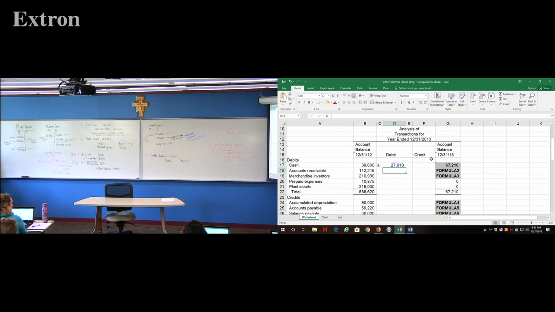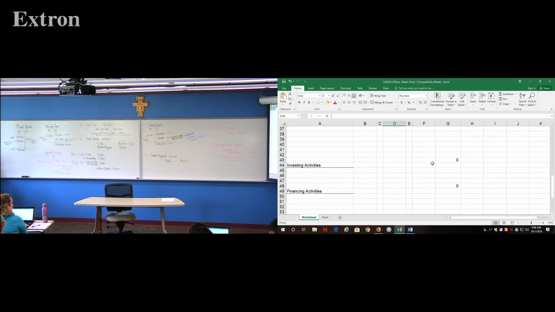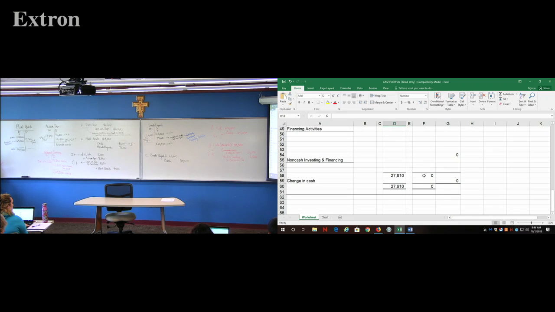Look what happens to my account balance. Does it go up to $67,210 like it's supposed to? If I have a debit, I need an opposing credit. So this is where sometimes things get a little confusing. I'm going to come down here, next to my change in cash, and I'm going to label column E A, because I need 2 A's, 2 B's, 2 C's, 2 D's, and so forth, or at least the minimum of those.